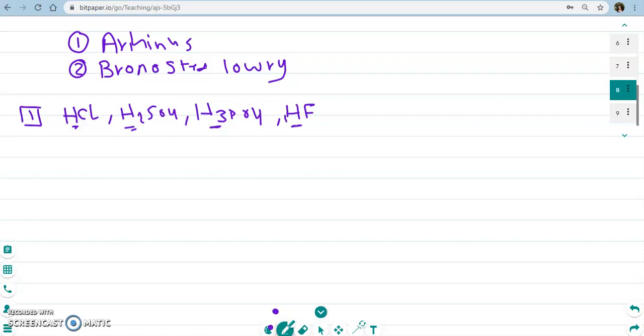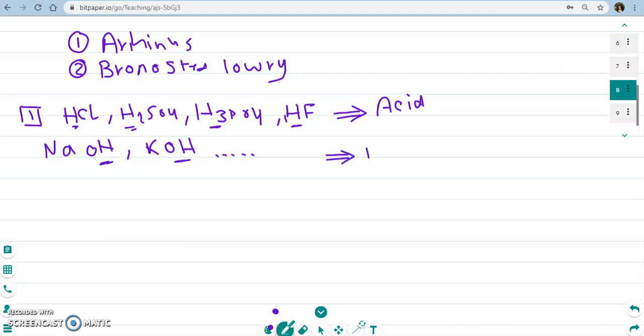For the base, anything that has H at the beginning is an acid. Anything that has OH at the end, like NaOH, KOH, or anything that has OH at the end, Arrhenius theory considers it a base.